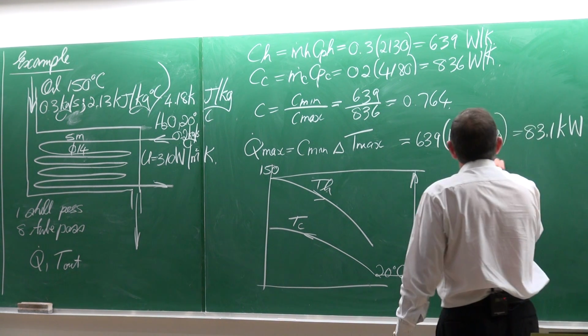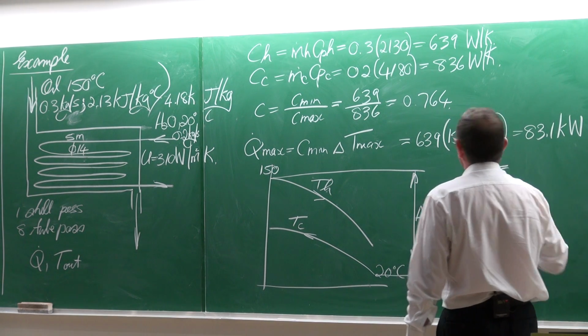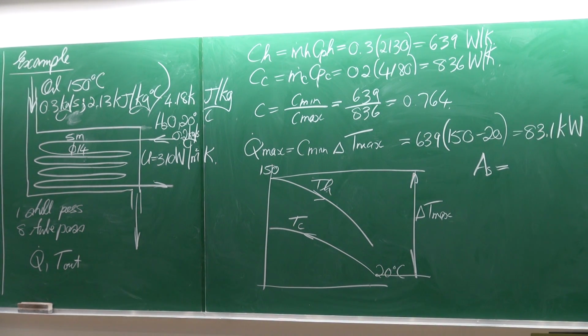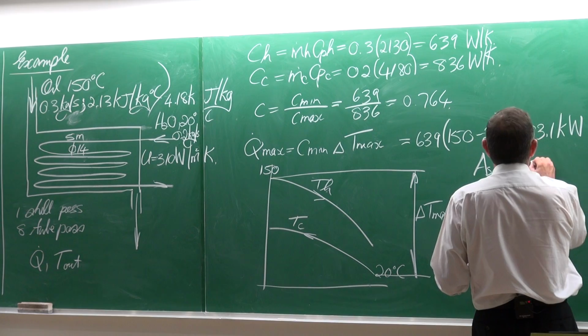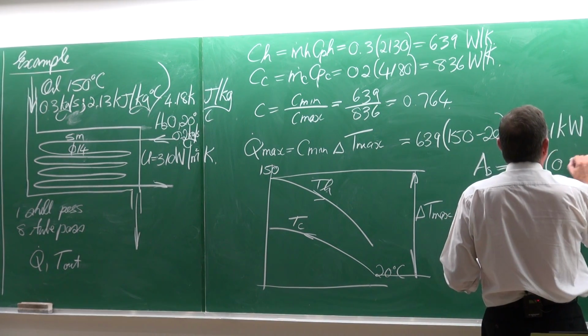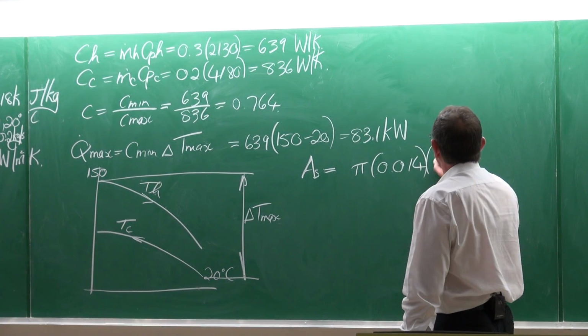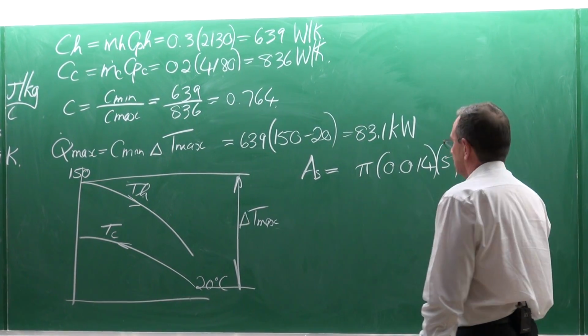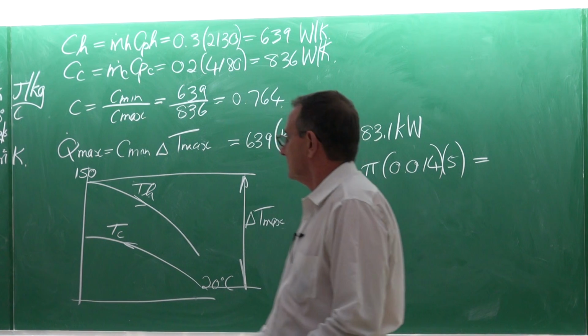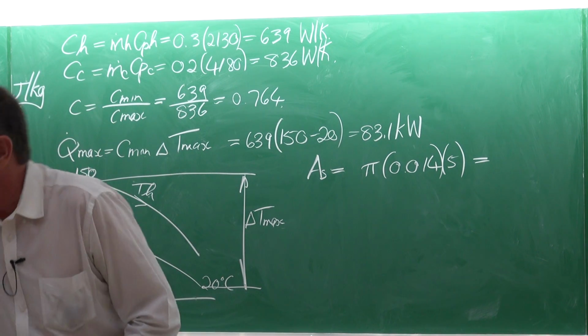We are going to use the surface area later on, so let's calculate it. The surface area of the tubes is equal to pi multiplied by 14 millimeters, and they are 5 meters in length. Okay, you happy with it?